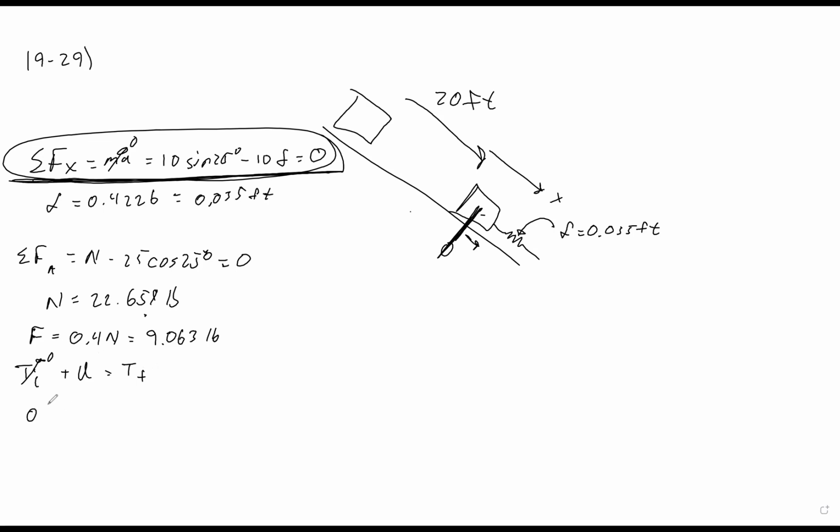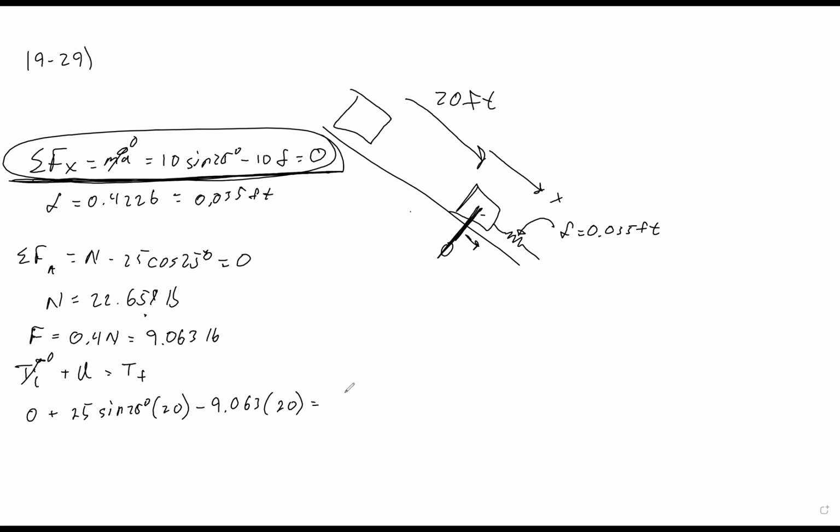So we have 0 for the initial kinetic energy, plus the weight and the component in the direction of motion, so sine 25 degrees, times the 20-foot distance. Okay, and then also the friction, so minus the friction, 9.063 times the 20-foot distance. Those are the two works.